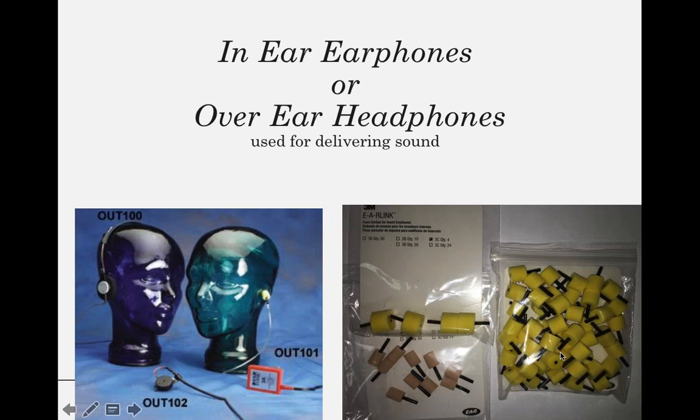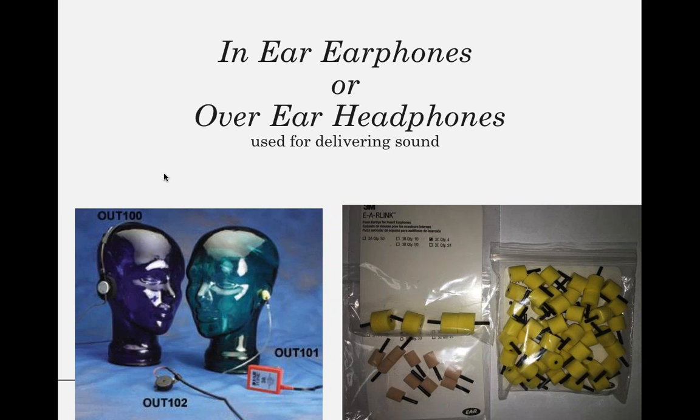These will go inside the ear canal for the intraoperative usage. But this test doesn't have to be done only in the operating room. We can also use it in a clinical setting with over-the-ear headphones or over-the-ear earplugs. Basically any way to deliver the sound stimulus will suffice for this test.